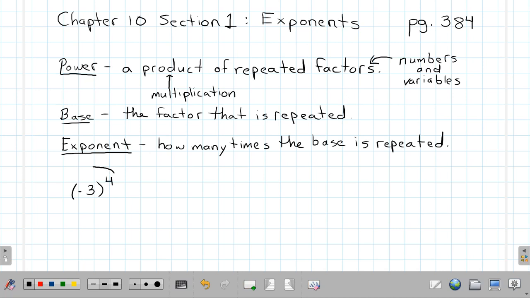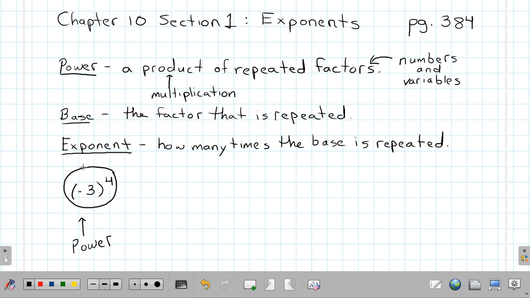So starting off here, -3 to the fourth power, this whole thing is what we call the power. It's, once again, a factor, which in this case is going to be the -3. So that's what we're going to call the base here in just a second. And the exponent is the 4.